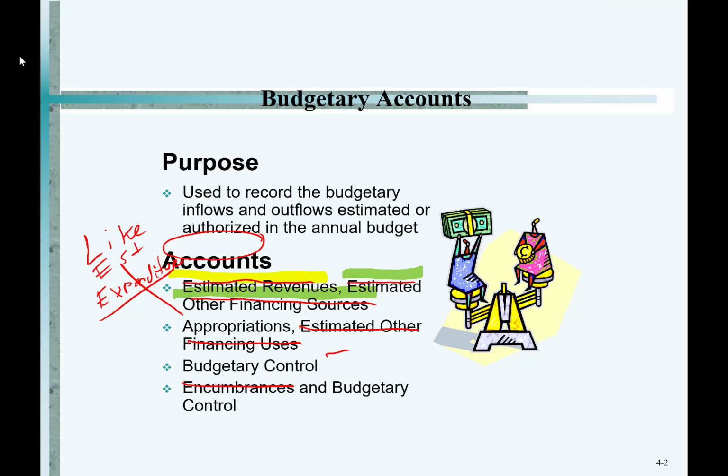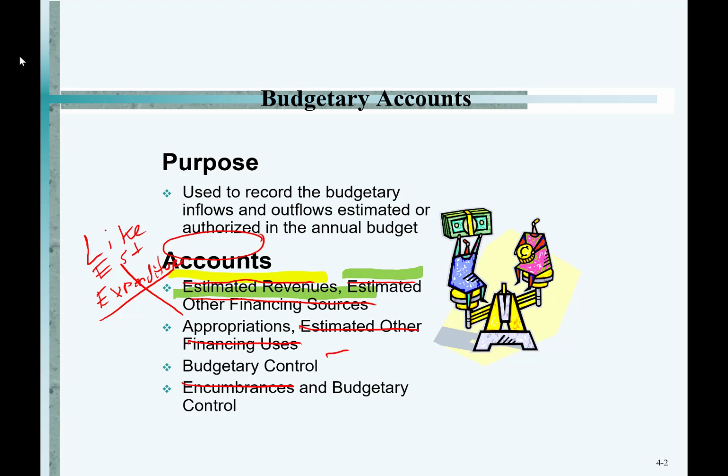A budget is an estimate, isn't it? So you know these are budgetary accounts because they have the word estimated before them, don't they? When a government budgets what its revenue is going to be for the year, and makes a journal entry for what it estimates its revenue will be, it uses the account name estimated revenues.